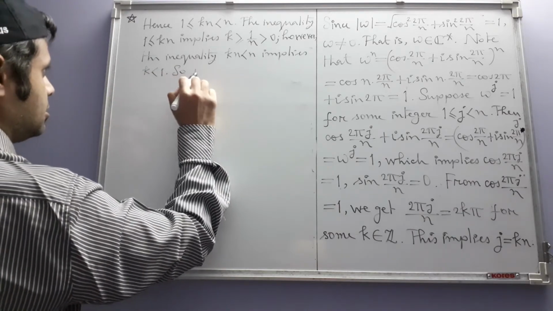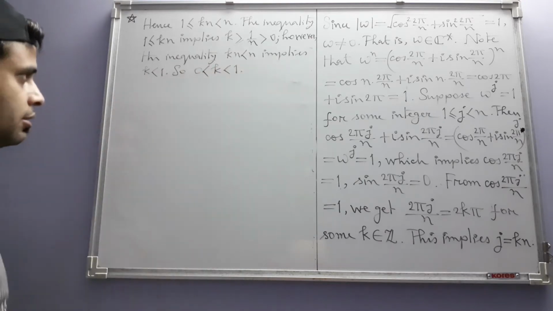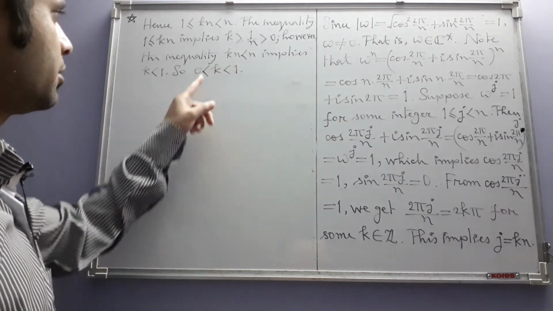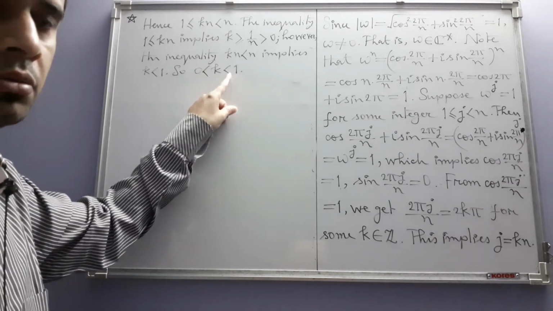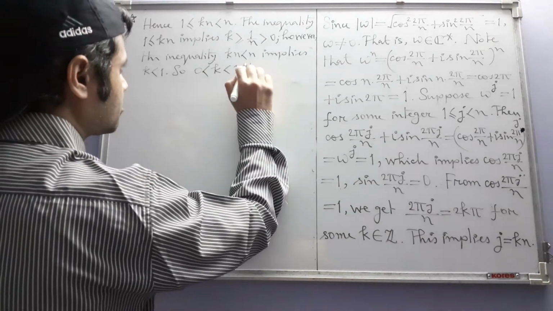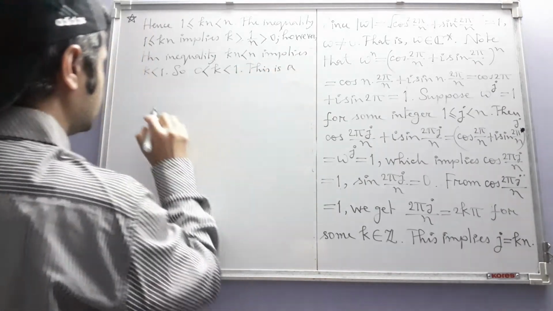So yes, this is the contradiction: 0 is less than k less than 1. This is a contradiction because there is no integer that lies strictly between 0 and 1.